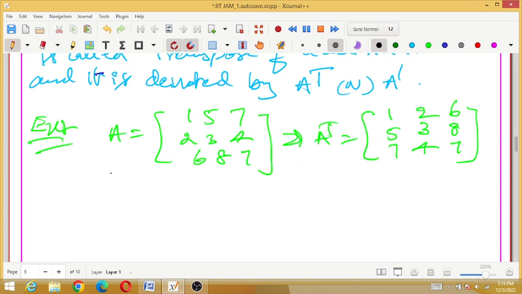Next, one more most important definition is the symmetric matrix. This is important.